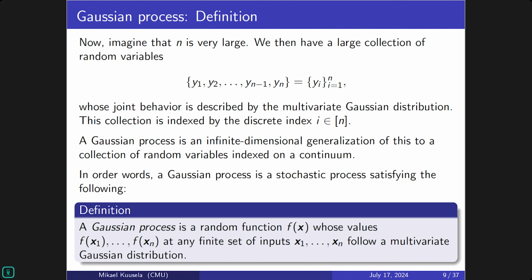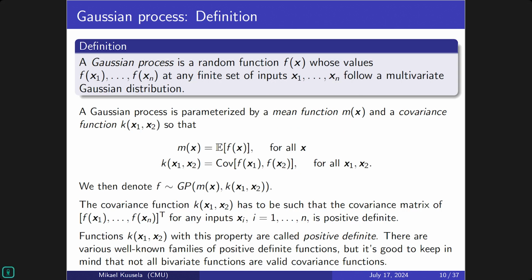So first of all, a Gaussian process is a stochastic process, so it's either a random function or a continuously indexed collection of random variables. And it's a stochastic process that specifically has this property: if you evaluate it at any finite set of locations, so you ask what is the value of this random function at x1, x2, ..., xn for any arbitrary x's, that finite collection follows a multivariate Gaussian distribution.